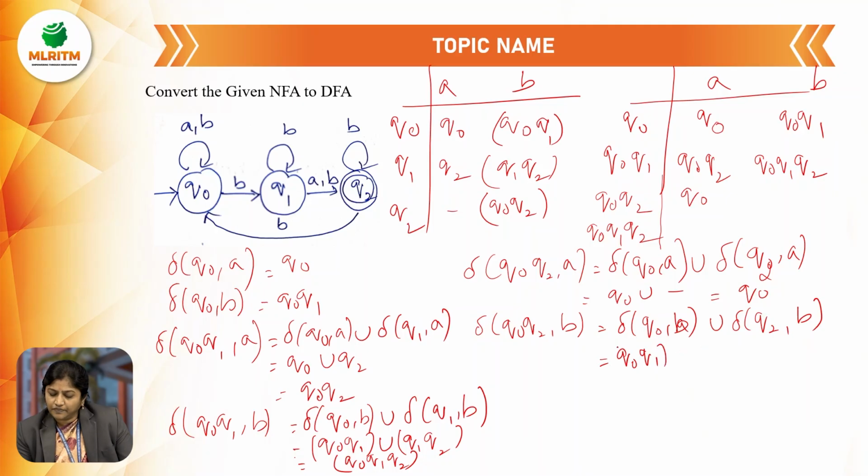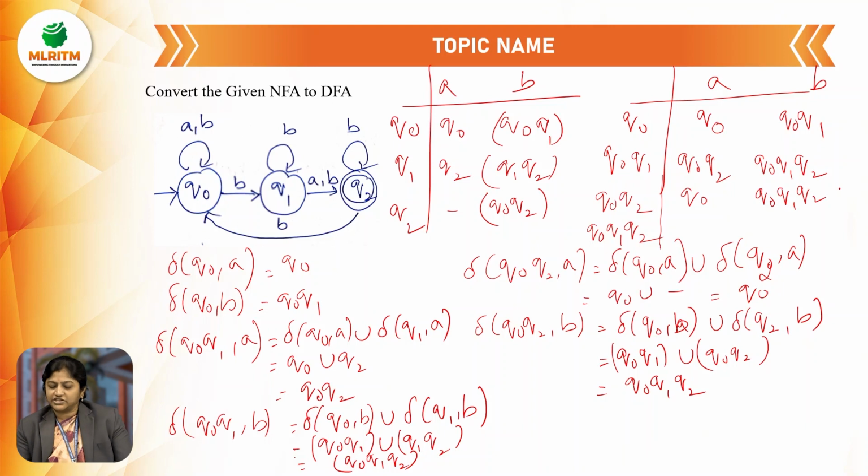Union Q2 on B, which is Q0, Q2. What is the union of this? Q0, Q1, Q2.